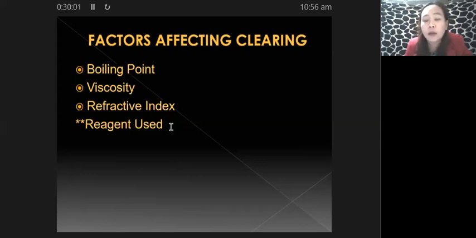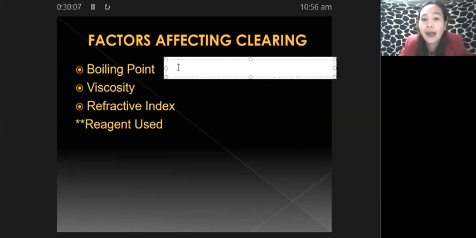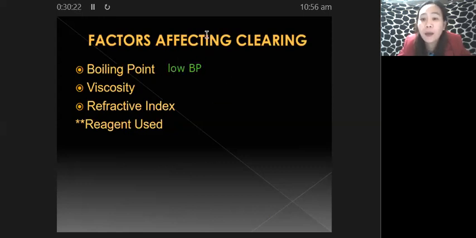So what do we want when it comes to your boiling points? We want your clearing and/or de-alcoholizing agent to have a low boiling point. If the boiling point is low, it will be more readily replaced by the paraffin or by whatever infiltrating or embedding medium you're going to utilize later on.